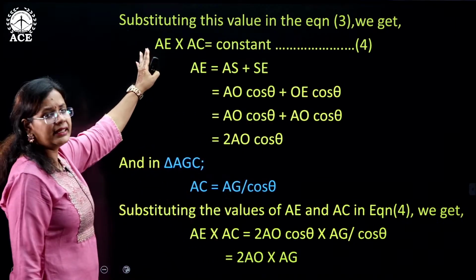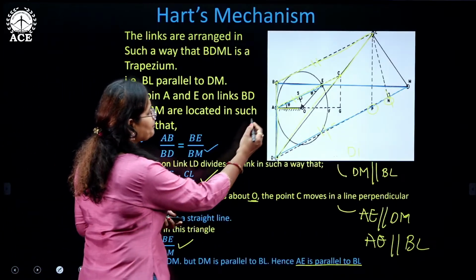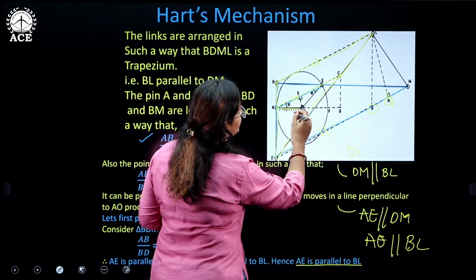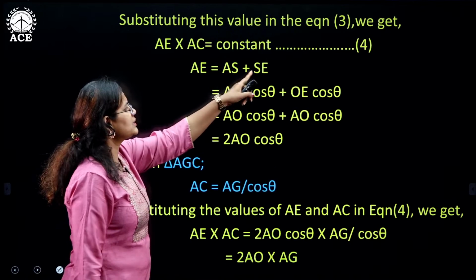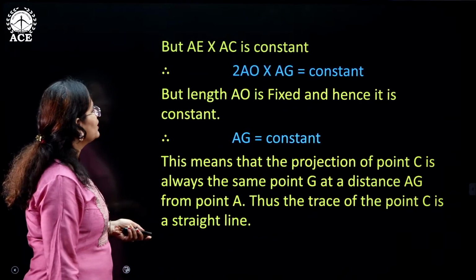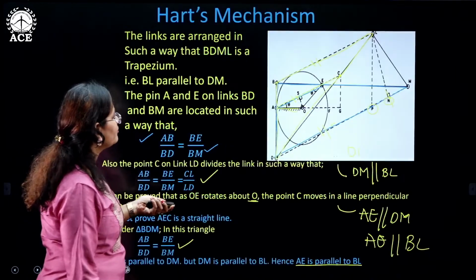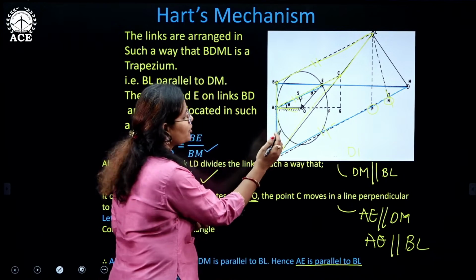Now what is exactly AE from this particular line diagram? AE is again split into trigonometric terms, say AS plus SE. Here also is a small construction.